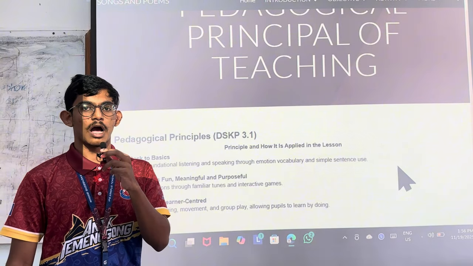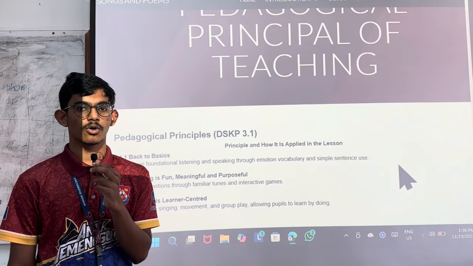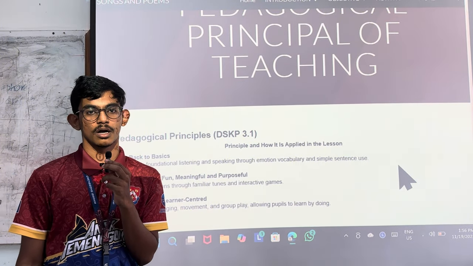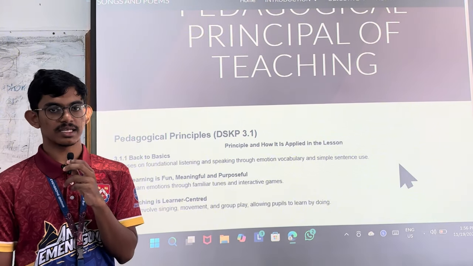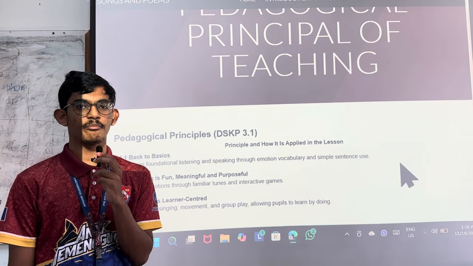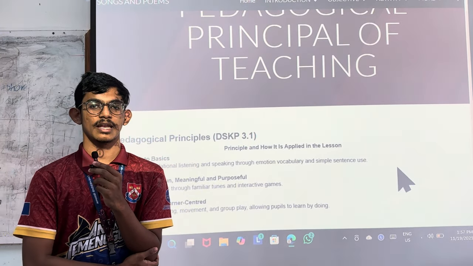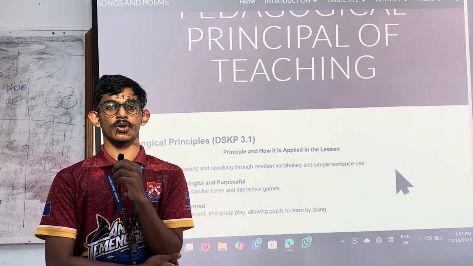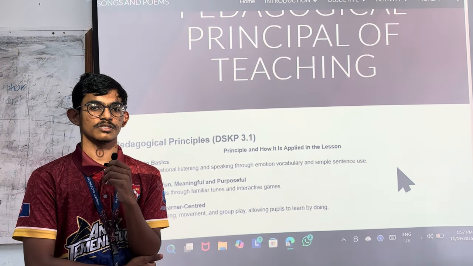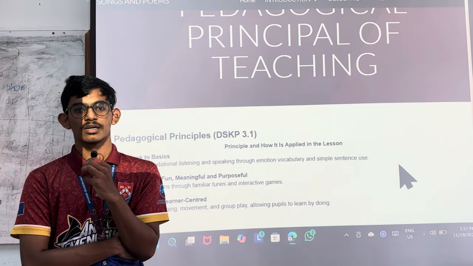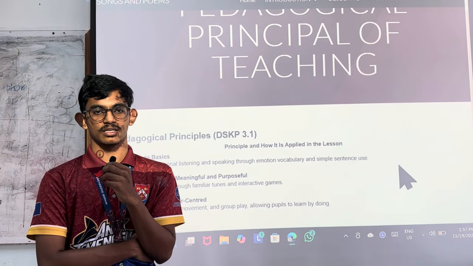And our resource kit also incorporates the 6 elements of KPBB. Okay, the first is character. The theme encourages empathy, self awareness, and understanding of others' feelings. Second is collaboration. The games require pupils to work together, take turns, and help each other.